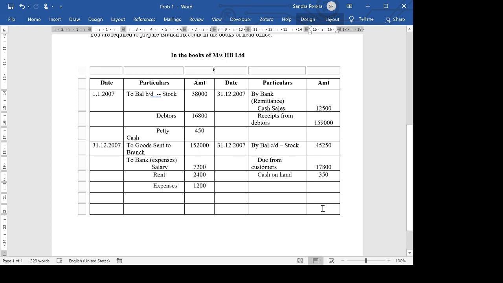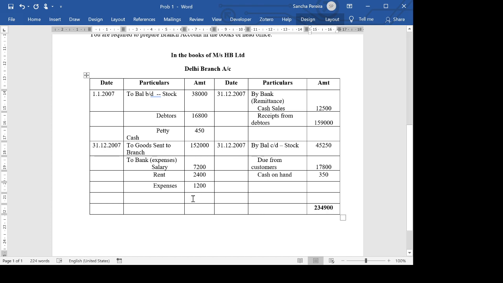So that comes to 2,34,900, and minusing this, we will have 38,000 minus 16,800 minus 450 minus 1,52,000 minus 7,200 minus 2,400 minus 1,200.